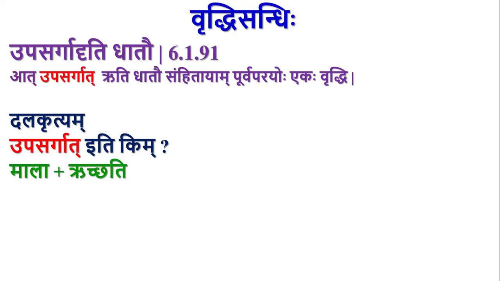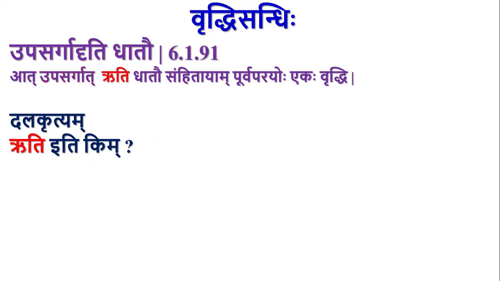Mala plus ruchati. Here we can see akara is followed by rukara, but this akara is not from an upasarga. This is a part of the word mala. So here this sutra is not applicable. So here there will be gunadesha instead of vruddhi adesha by this sutra. There will be gunadesha by ad gunah, a plus ru, malarchati instead of malarchati.